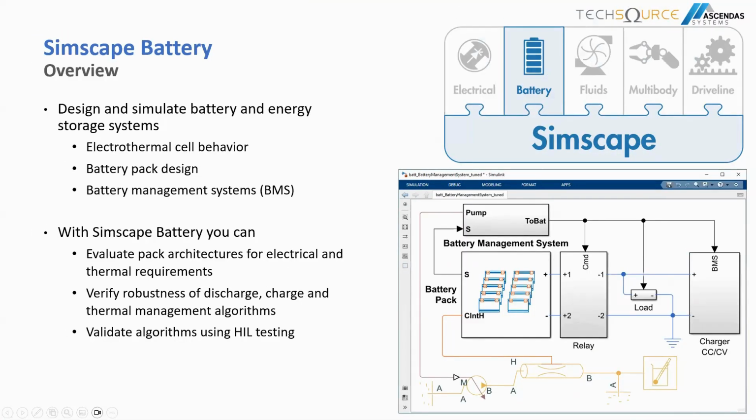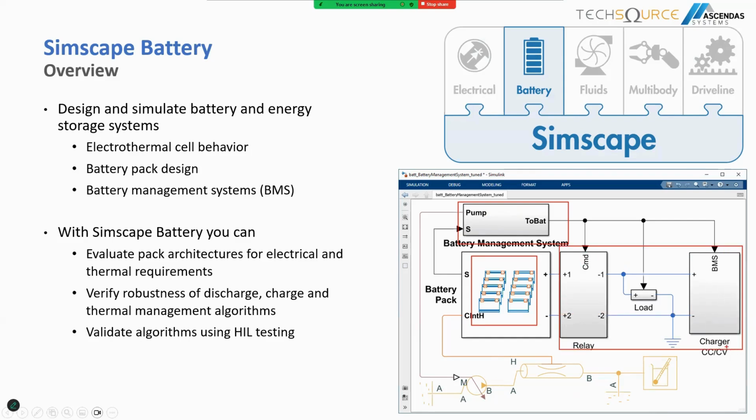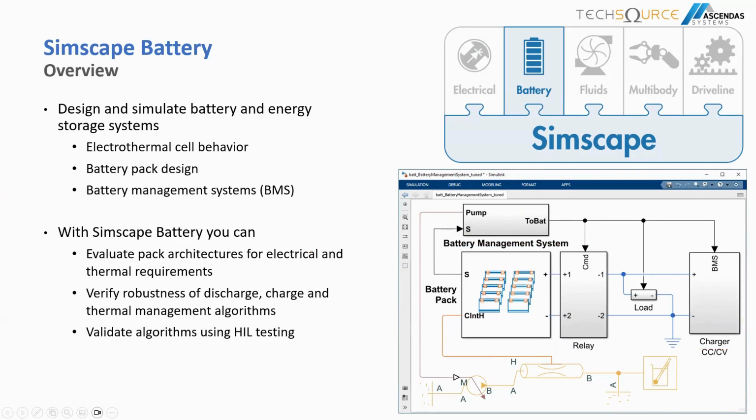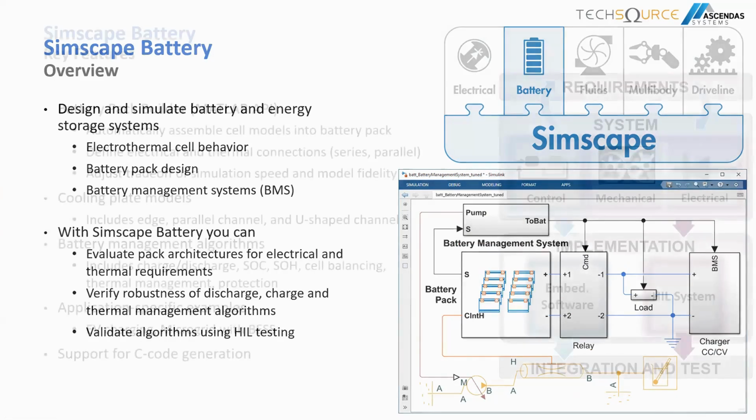So in an overview, Simscape battery helps you develop all these systems in just one environment, the Simulink environment, where you have the plant model for the battery itself, and then you have the control systems inside the same environment. So in one simulation tool, you are able to develop all the requirements that you need for your battery management systems.